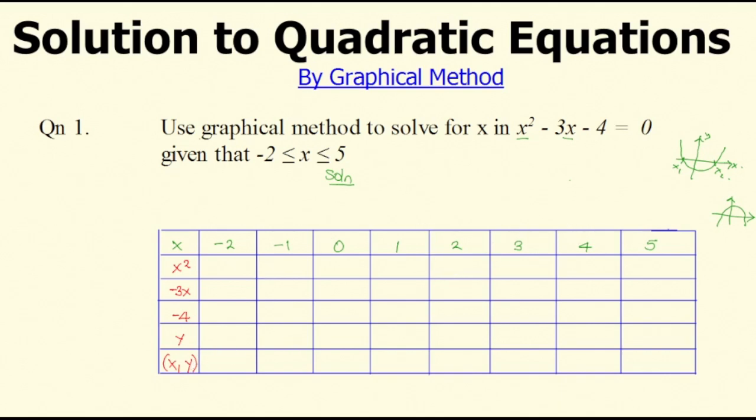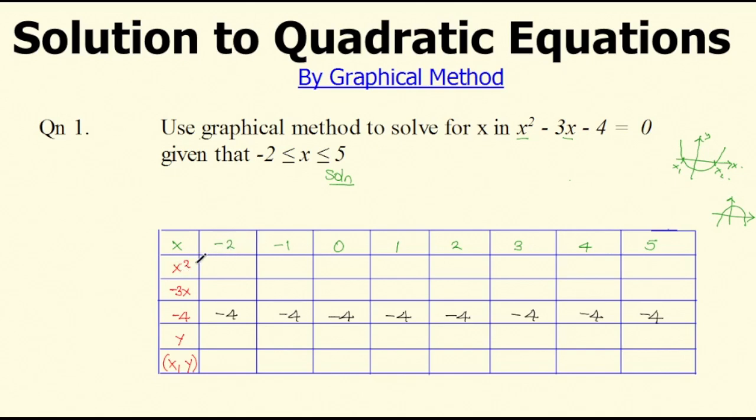Now we can see also that negative 4 is a constant, meaning in all this row it is going to be constant everywhere. So let's write it to fill up all this column such that we shall not waste time while working out this number. Now let's move on to the first column here, and we have negative 2 substituting x.